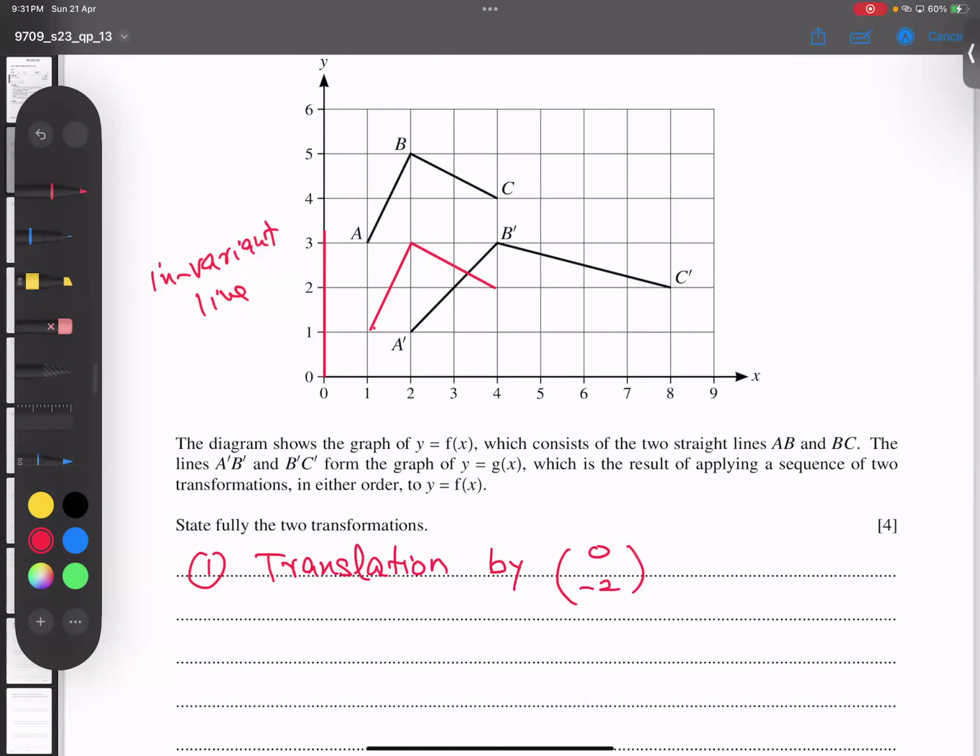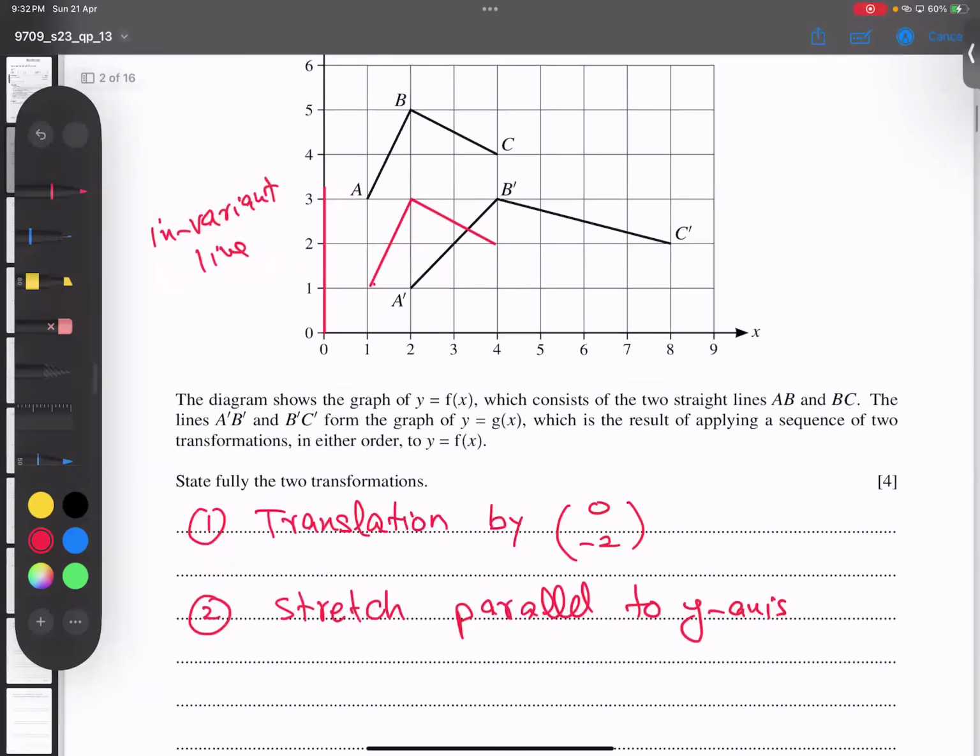And after that, number 2, it is a stretch parallel to the x-axis, with the stretch vector, or with the scale factor equal to 2, double, 2 times. So this is a double, very clear.